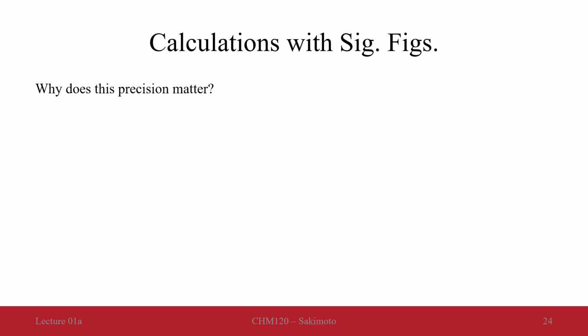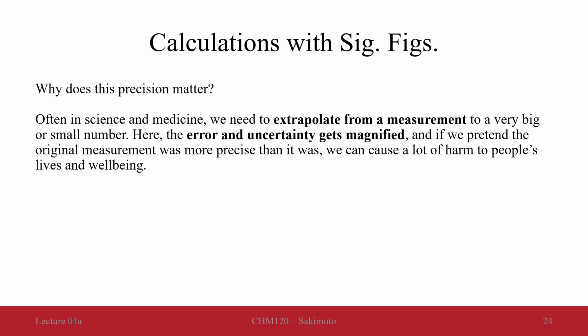Why does this precision matter? Well, I gave the example of the doctor and the baby, and that kind of thing does exist. But quite often in science, we need to extrapolate from measurements. Quite often we measure one thing, and we try to measure as precisely as we can, and we have to calculate something very, very different.